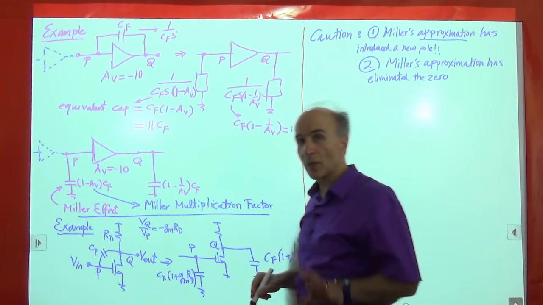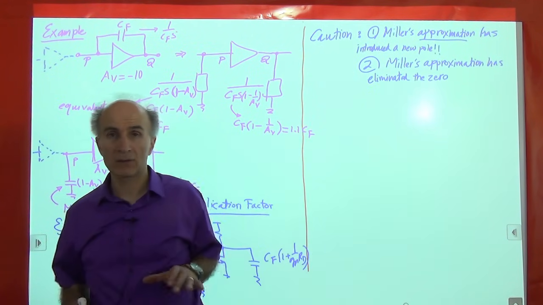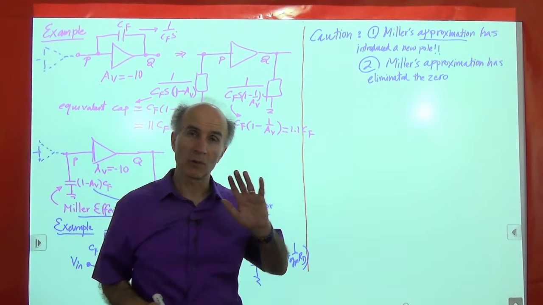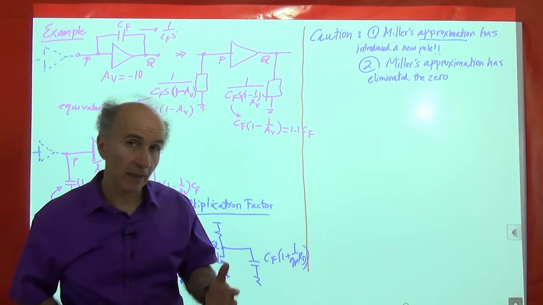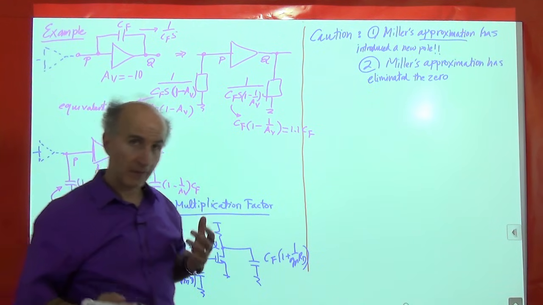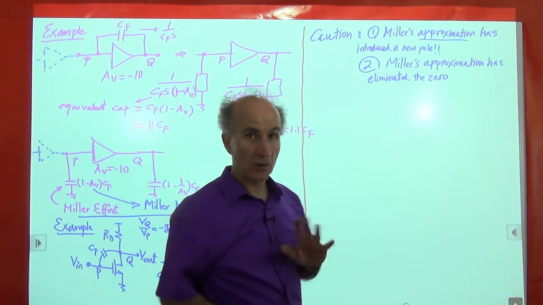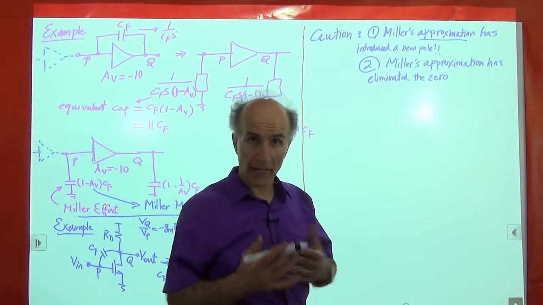Okay, so again, I'm not delving into these that much right now. This is just so that you have in the back of your mind that we are making an approximation and there are some consequences, but they're usually not very serious in actual circuits.